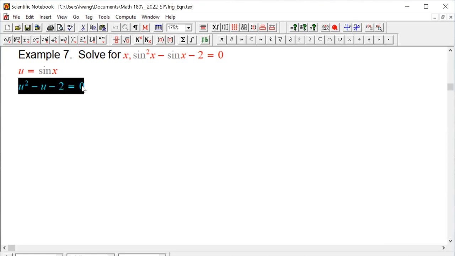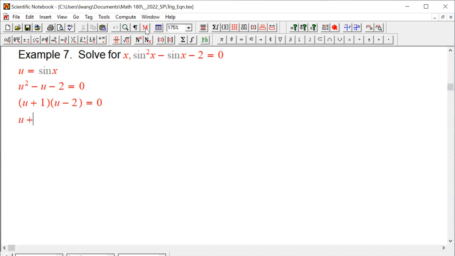This is a quadratic equation, so we can solve it by factoring. That's going to be u plus 1 multiplied by u minus 2. And we got two solutions for u.